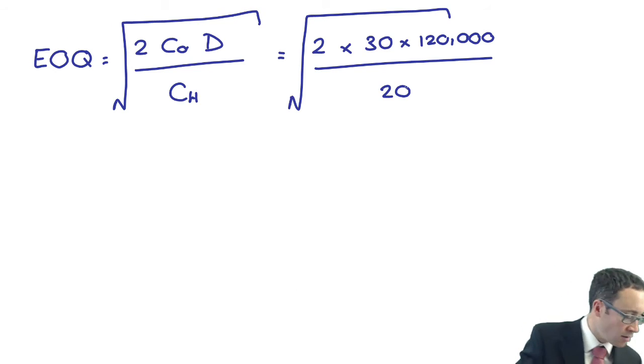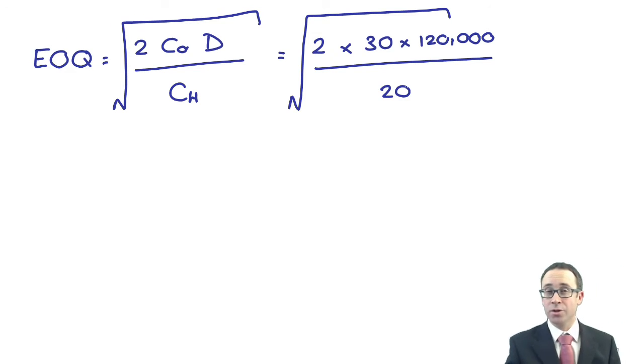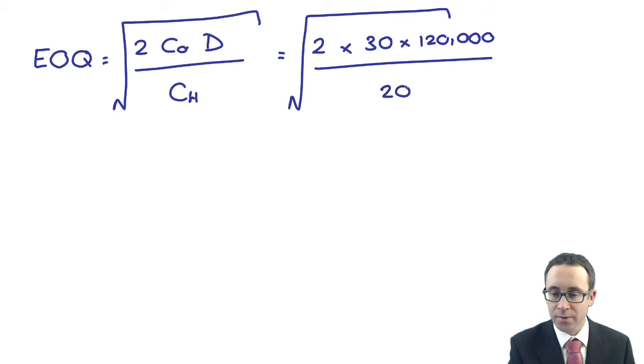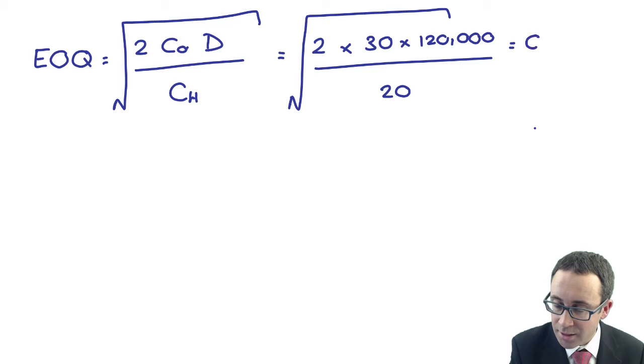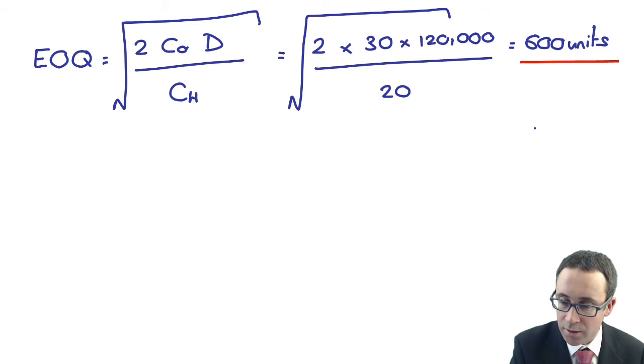I have written in my notes that that works out as 600. So if you've got 600, well done. That's assuming that everything is right. So 2 times 30 times 120,000 divided by 20. If I take the square root of that, that works out as 600 units. So to minimize my cost, the economic order quantity is 600 units.